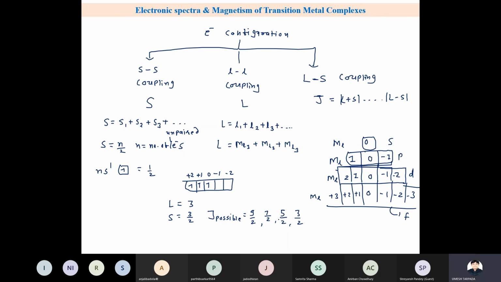You can choose the J value according to the configuration given. Sometimes, for less than half filled it is L minus S, and for more than half filled configuration it is L plus S. Now identification of J value, the total quantum number. What is called the J value? Identification.